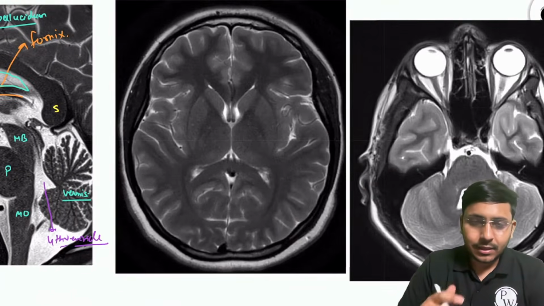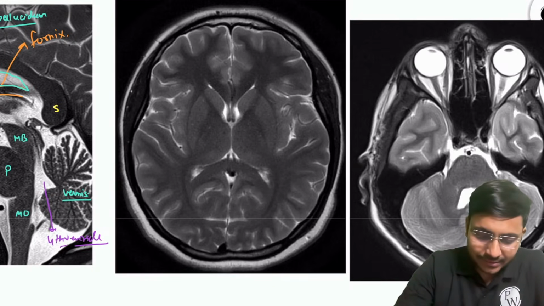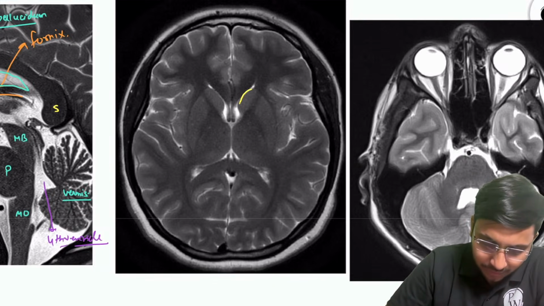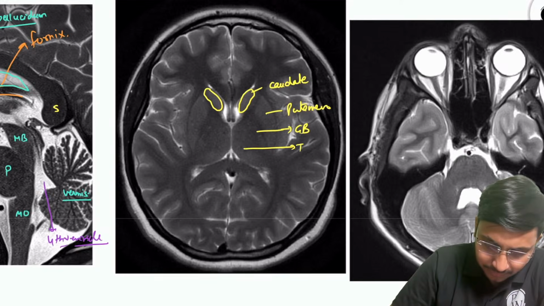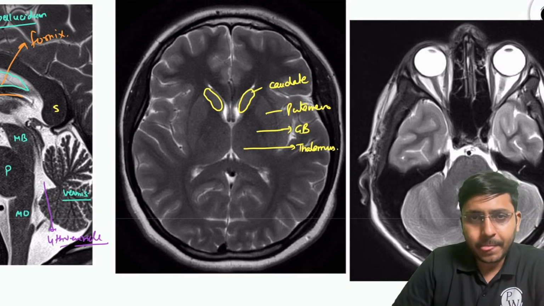Now in the axial plane at the level of basal ganglia, we have the caudate nucleus. This is the putamen, globus pallidus, thalamus.